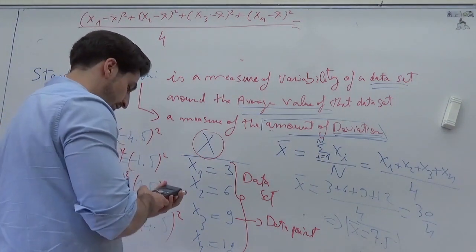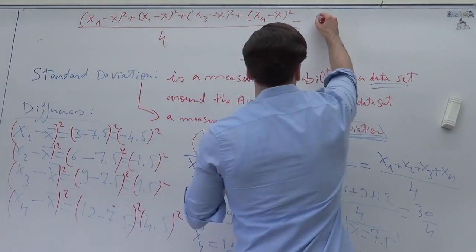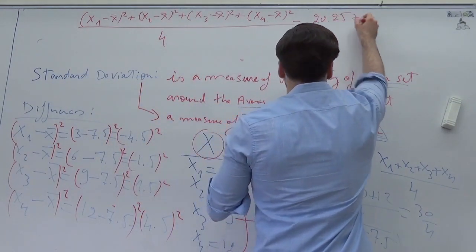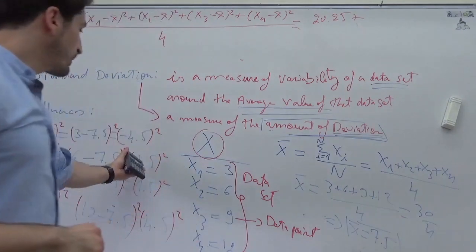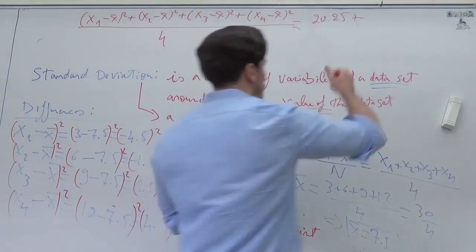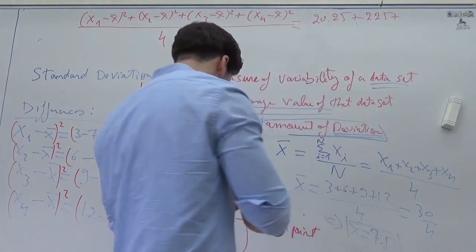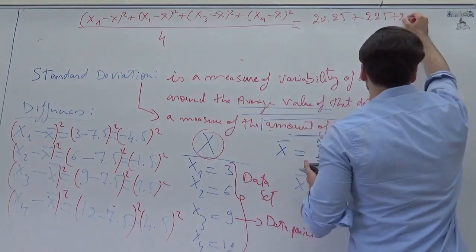So over here we have 4.5 squared, which is equal to 20.25, plus 1.5 squared over here, which is equal to 2.25, plus also 1.5 squared, which is 2.25.